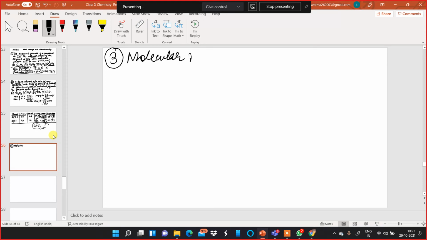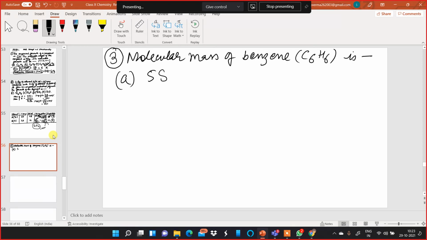Molecular mass of benzene. The molecular formula is C6H6. The options are: option A, 58 AMU.